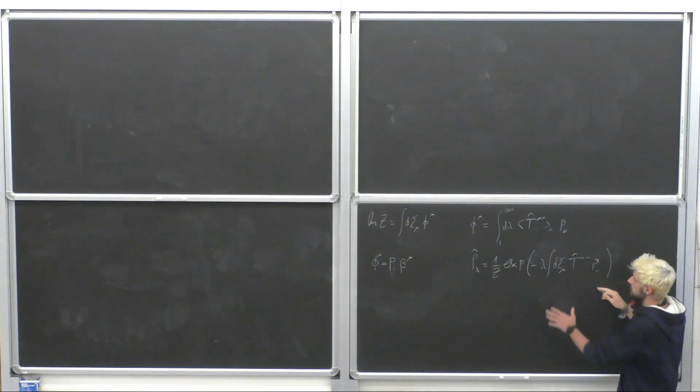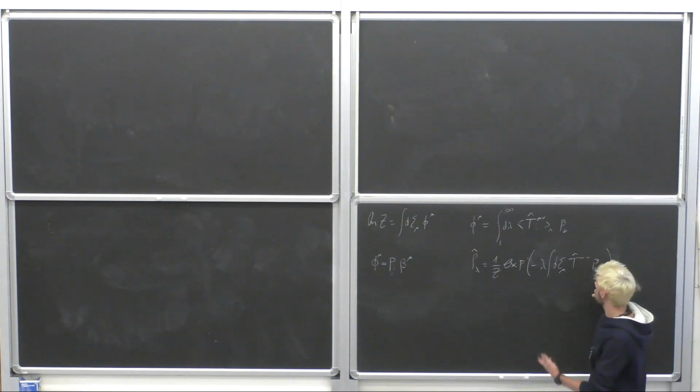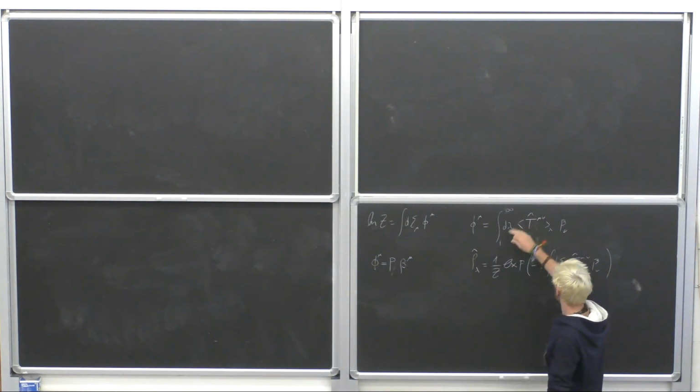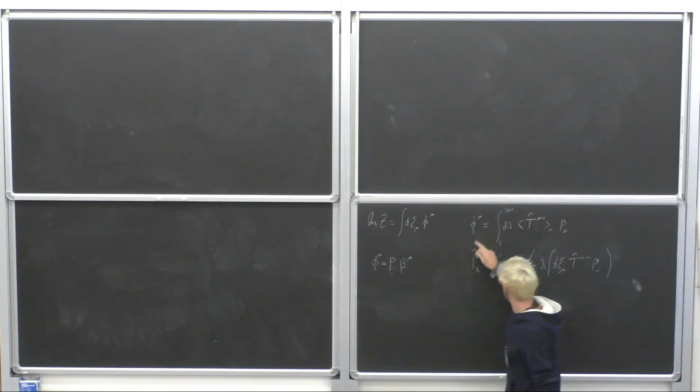So using this trick, redefining the density operator like this, and rescaling the temperature by this parameter lambda, Francesco was able to obtain this formula. And now, in the first stage, we will use this formula to find phi mu.